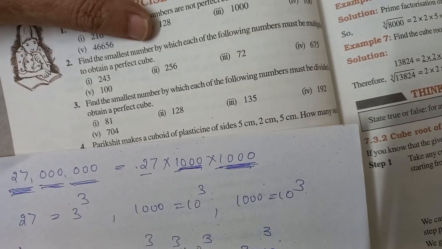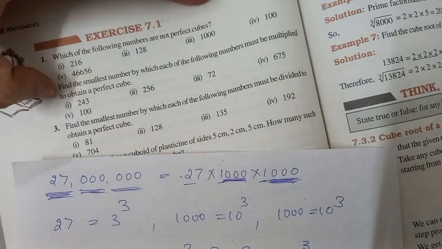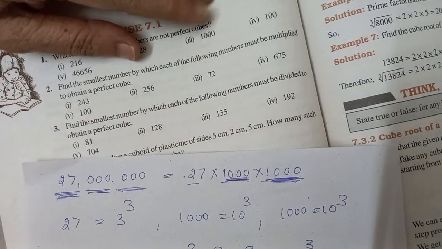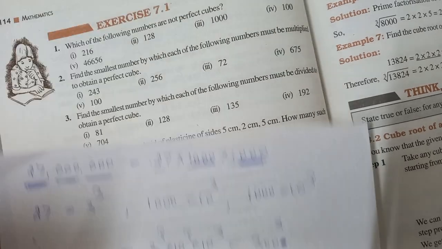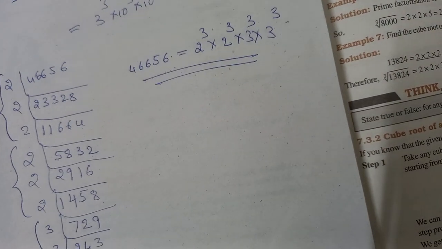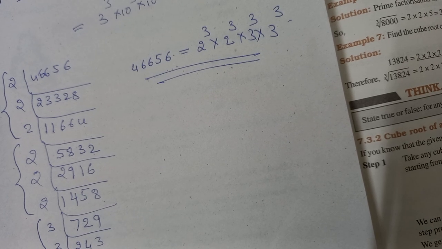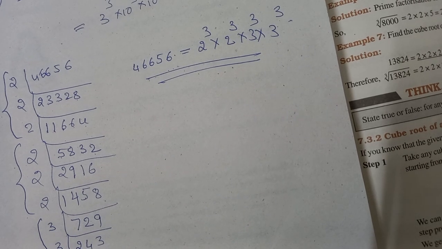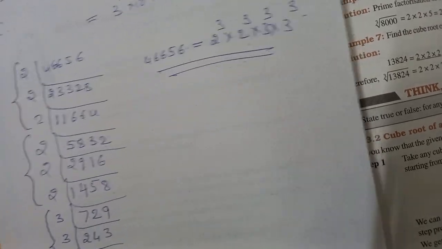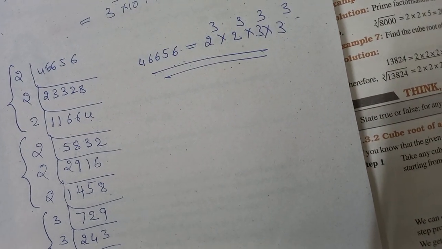Find the smallest number by which each of the following numbers must be multiplied to obtain a perfect cube. For 243, how do you do it? By continuous division, you have to find the prime factors of the given number.